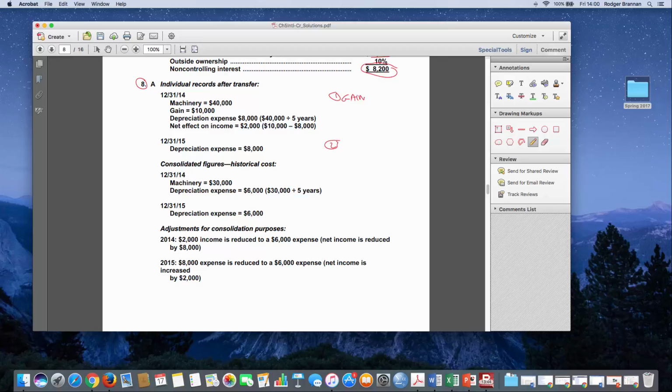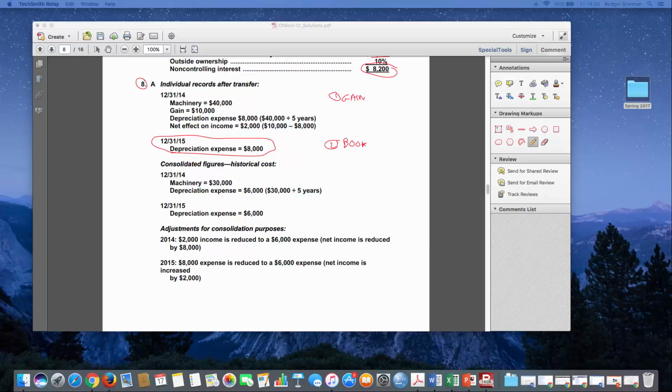In other words, because the asset was sold, it will stay, in essence, on the consolidated books at its book value. And to a certain extent, that book value, what the original depreciation expense would be, is the only amount that you'll recognize throughout the life of this asset.